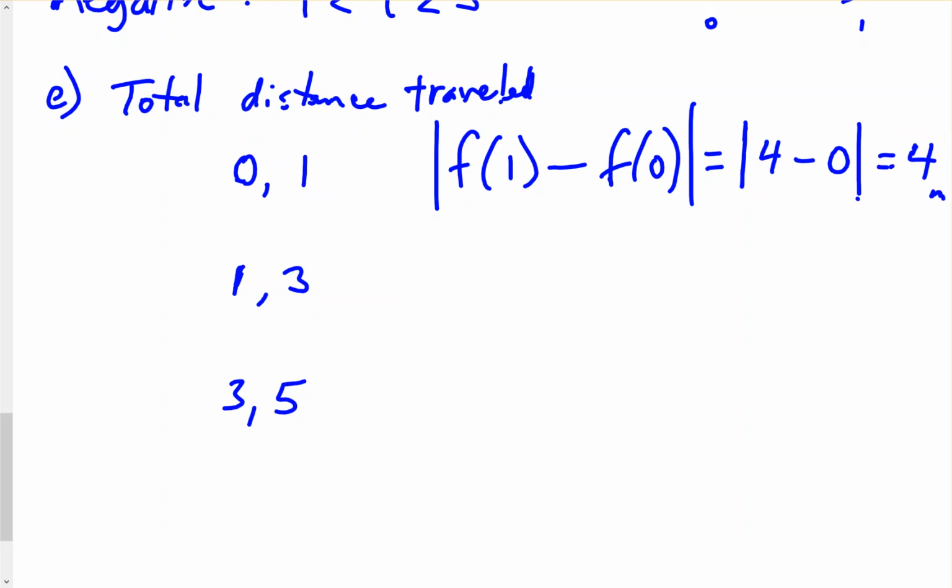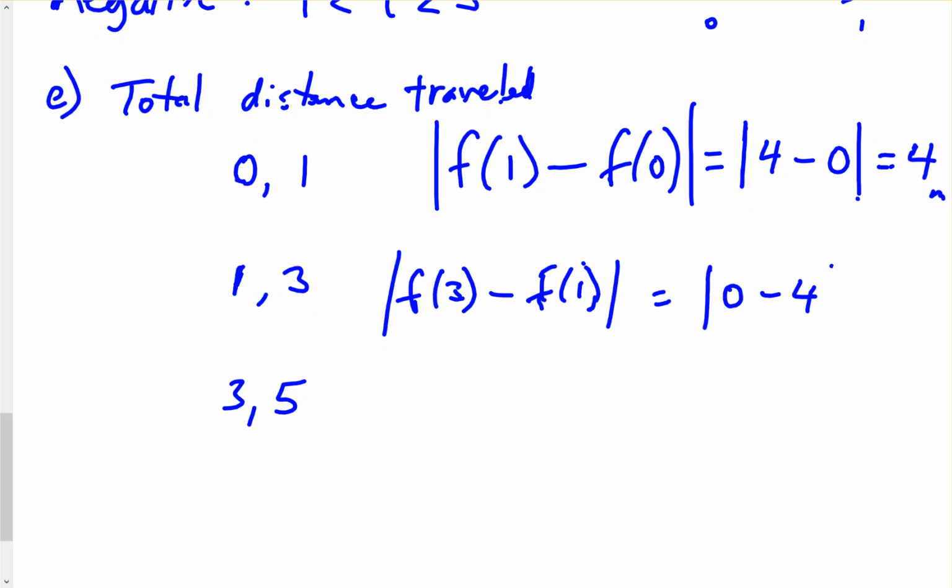Okay, so 4 meters. Between 1 and 3, so we'll do f of 3 minus f of 1. Okay, so f of 3 we had 0, f of 1 is 4, and then we take absolute value, so we get 4.